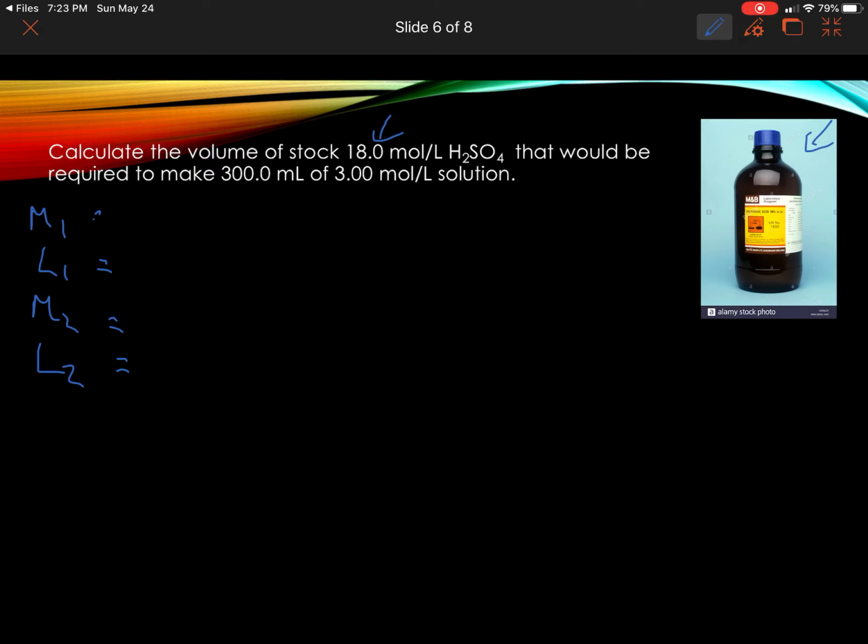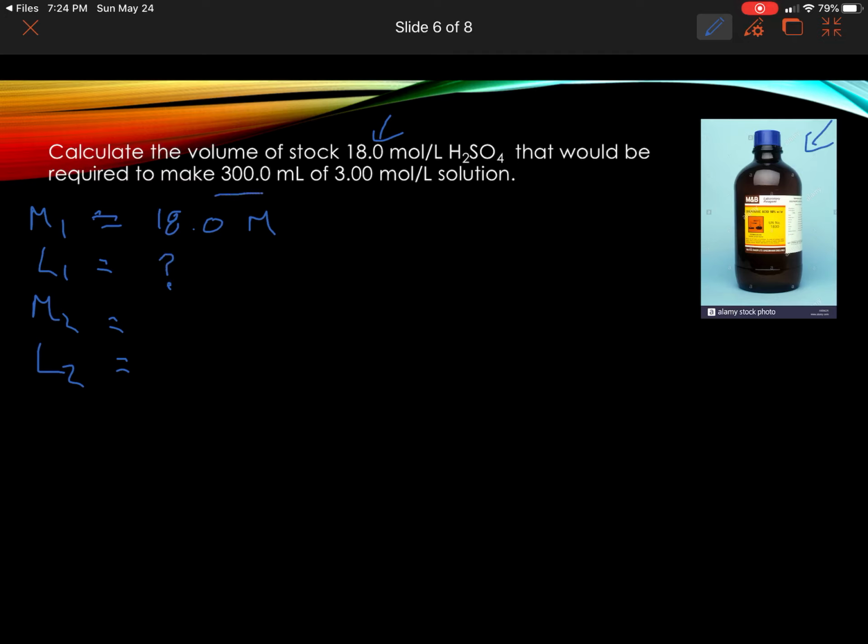Now, one of the hardest things people find about this is figuring out the variables, like how to read the question properly. So calculate the volume of stock 18 molar. So right away, I know that I've got stock 18 molar, so 18.0 molar, and then it says calculate the volume.